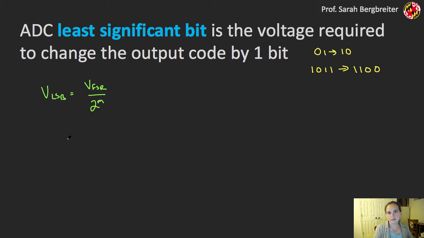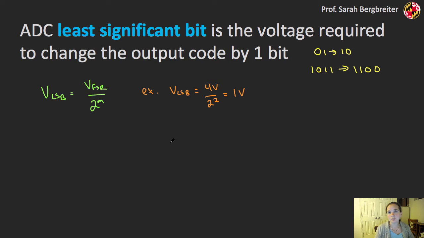So that least significant bit, that voltage that we are calling a least significant bit confusingly, is going to be dependent both on the full scale range of my ADC as well as the number of bits. So if I had, for example, my 2-bit ADC with a 4-volt full scale range, I'm looking at a least significant bit of 1 volt in that case.